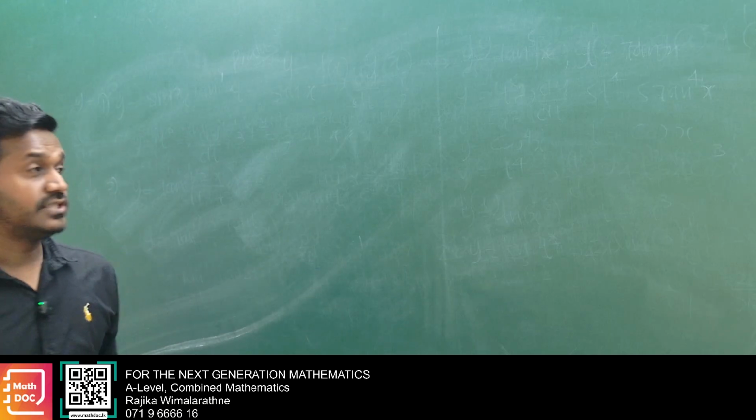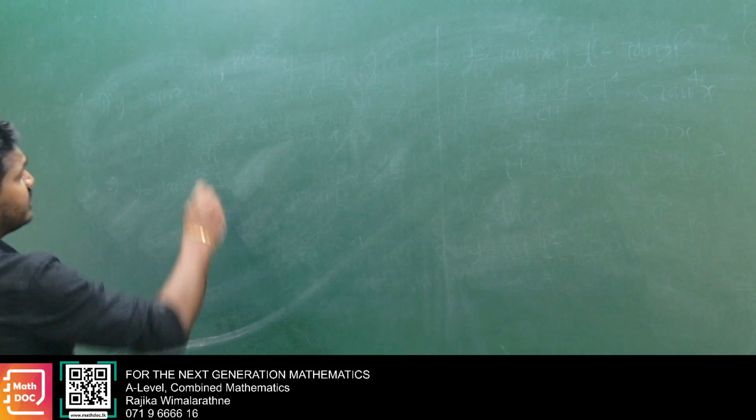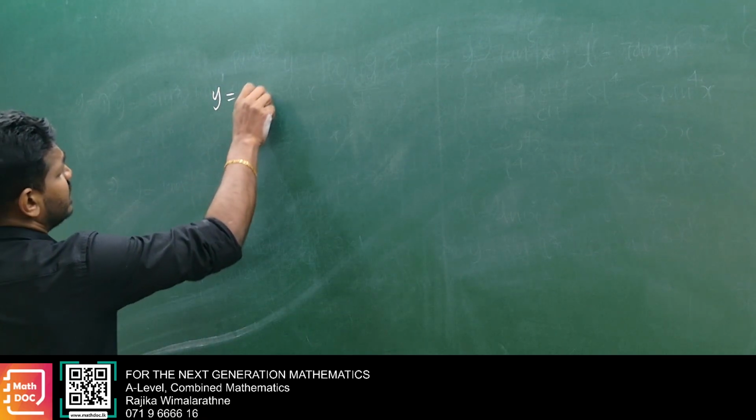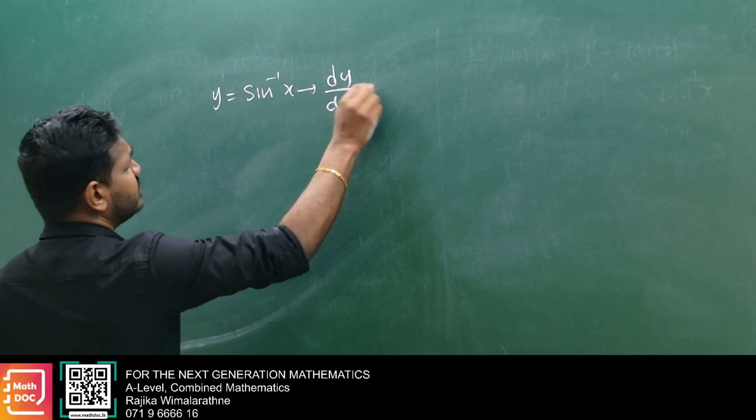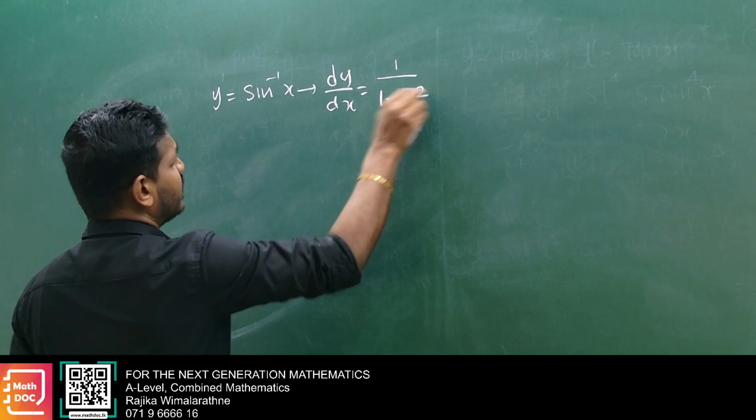I'll just revise this for you. See this one? y equals sine inverse x, then the derivative dy by dx is 1 over root of 1 minus x squared.